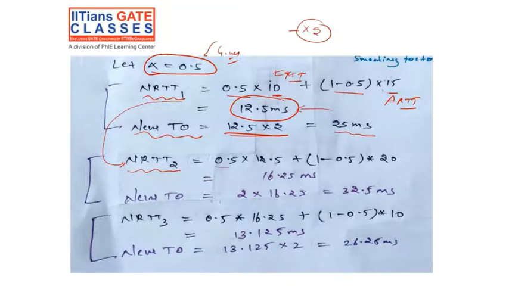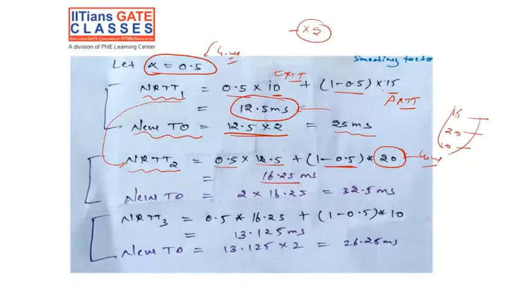Now 0.5 alpha times the previous value, 12.5 milliseconds, plus 1 minus 0.5 times the actual round trip time, which is 20. The actual round trip times are given as 15, 20, then 10, in the sequence of first segment, second segment, third segment. If you calculate, the answer will be 16.25.